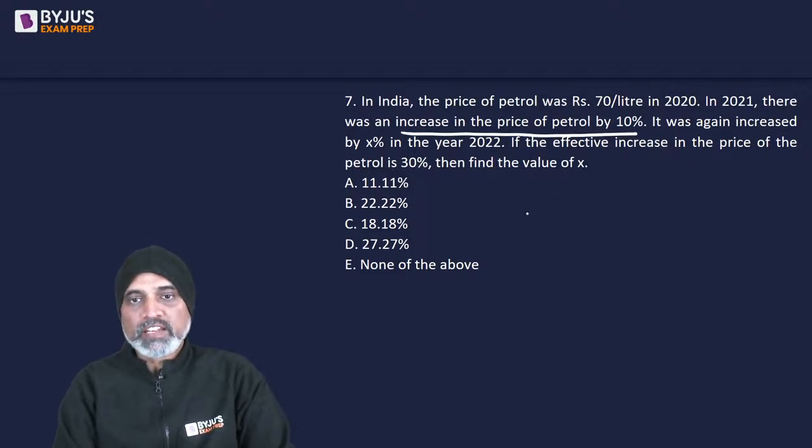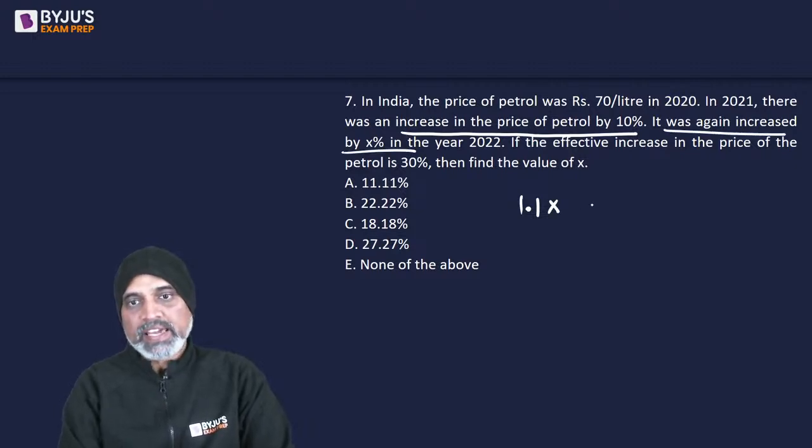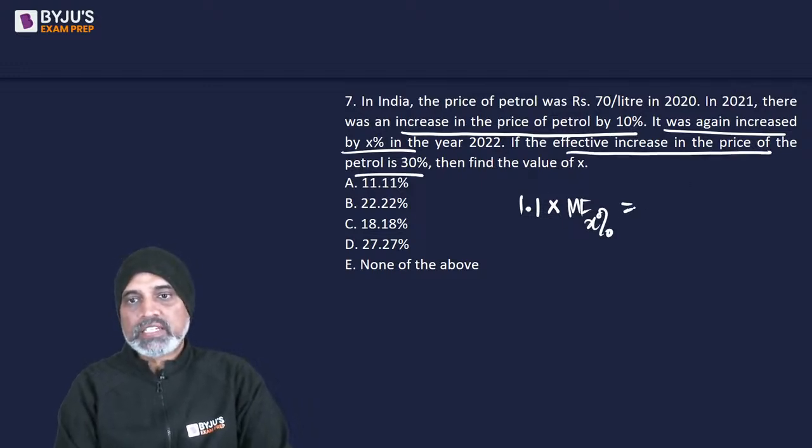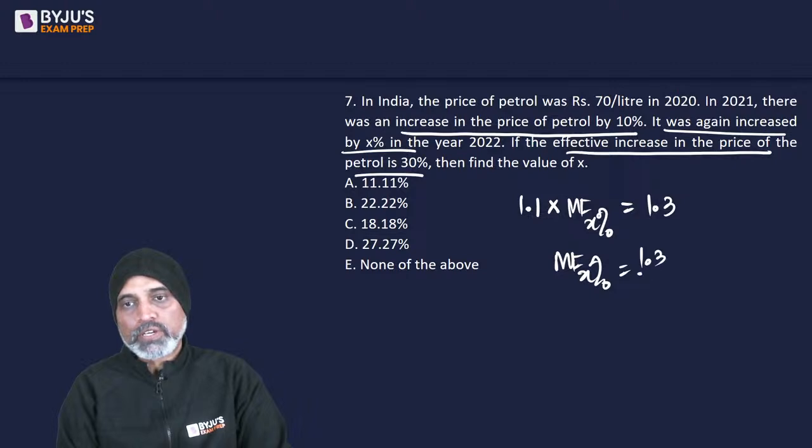Increase of 10% means 1.1. Again, increase by X% means multiplying factor of X percentage. And the effective increase is given as 30%. So this is 1.3. So multiplying factor of X% will be 1.3 upon 1.1, which is going to be 13 by 11. 13 by 11 is also written as 2 by 11 more.